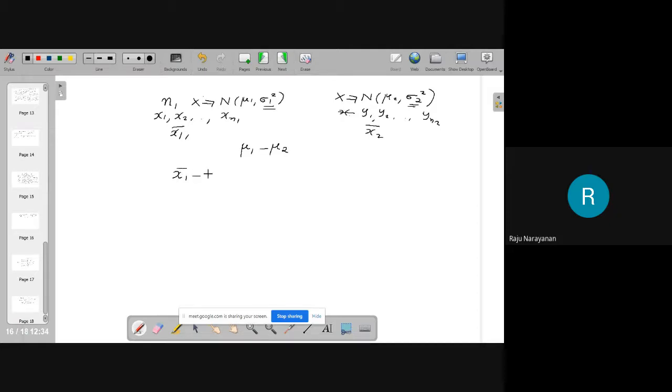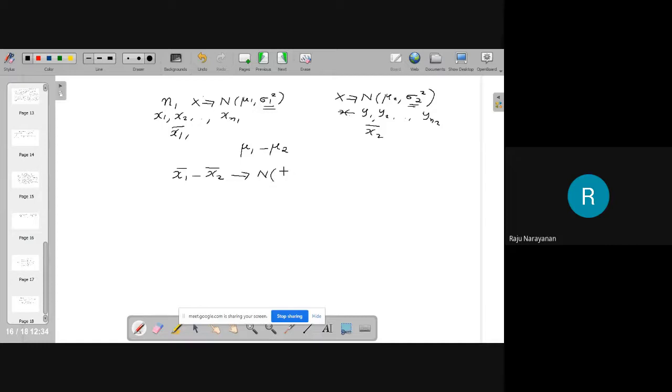It is a variable, no? X1 bar is a variable actually. When you take different samples, you will get a different x1 bar, and when you take different samples for the second population, you will get a different x2 bar. Therefore it is a variable, and therefore it has a distribution.